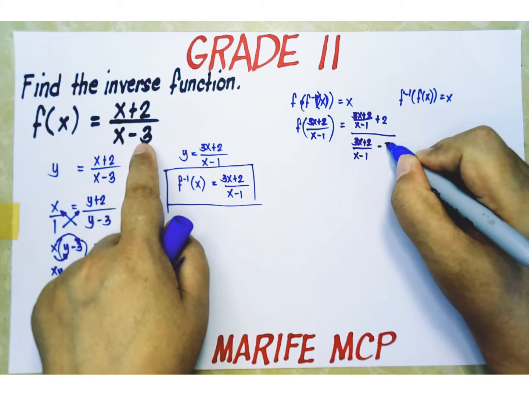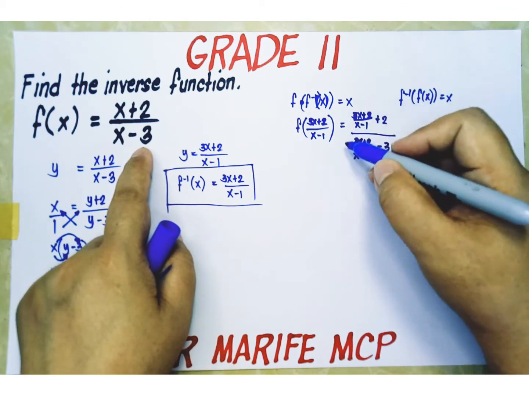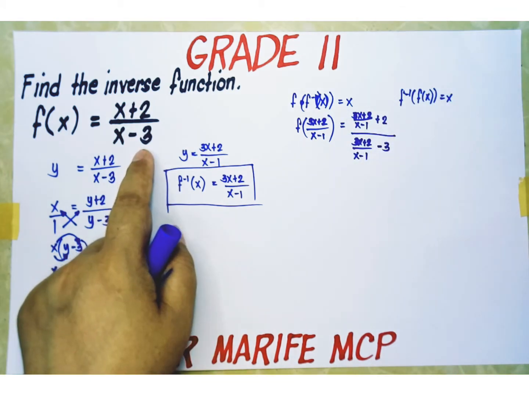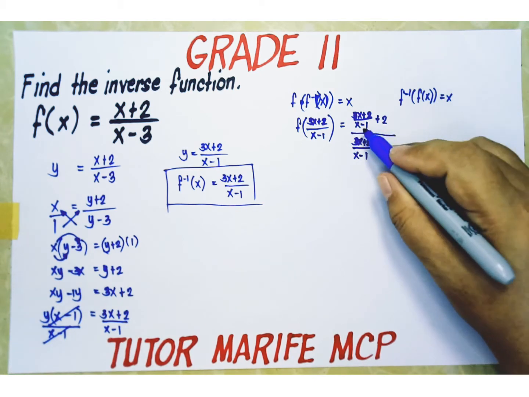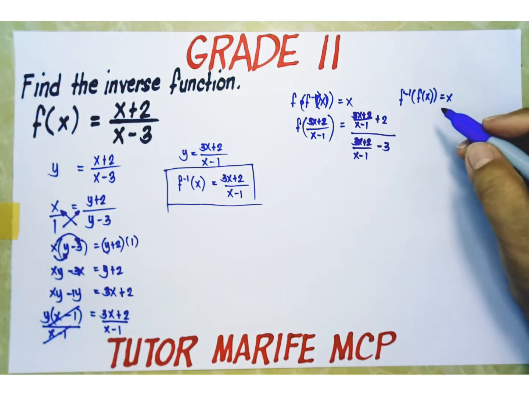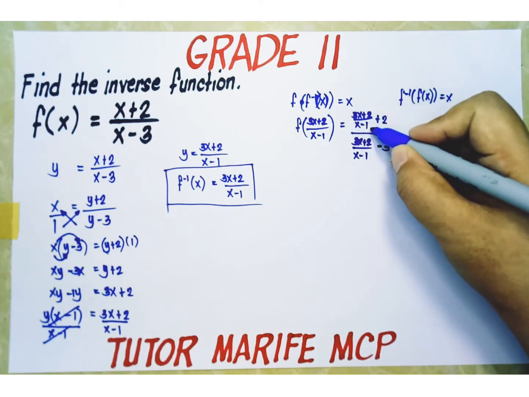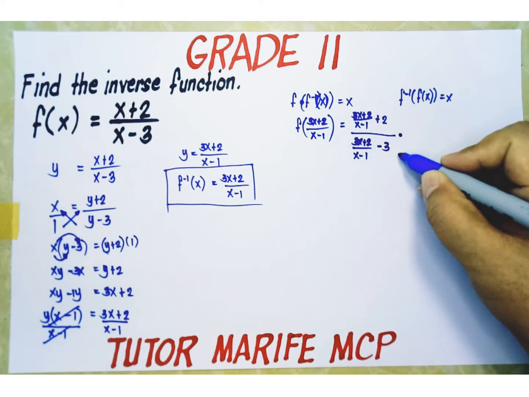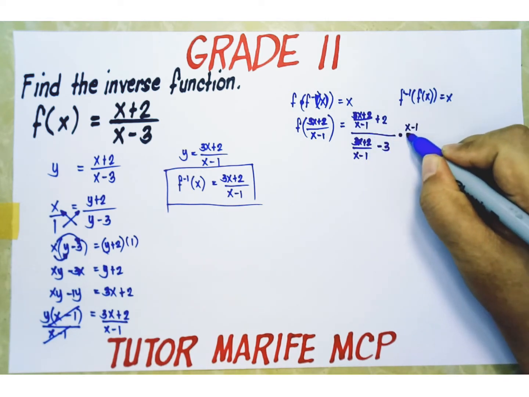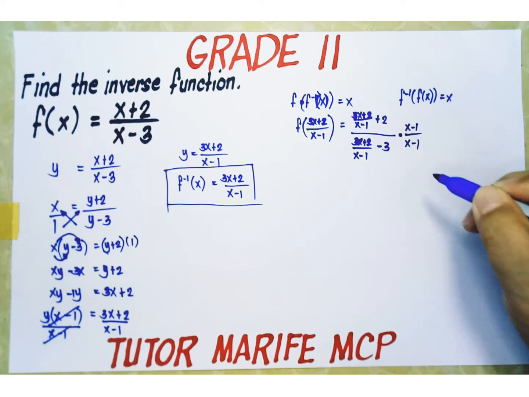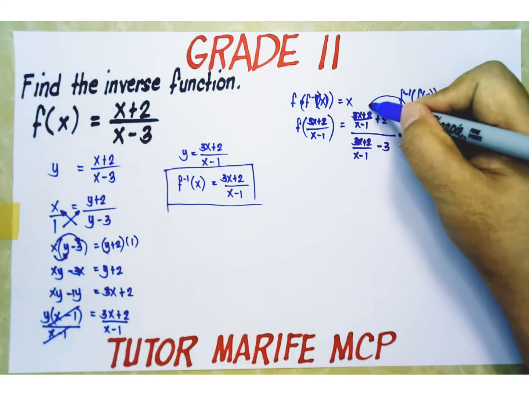And then I copy minus 3. And then let's simplify the complex rational expression. First, we eliminate denominators. Let's multiply both the numerator and the denominator by x minus 1. Then use the distributive property.